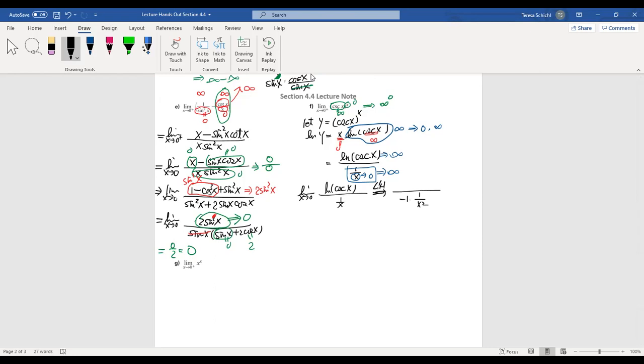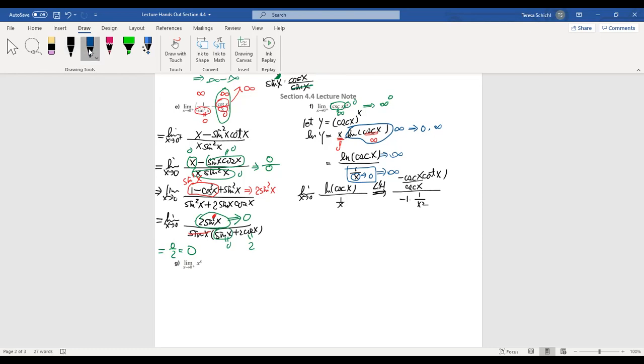And for the natural log of cosecant x, by the chain rule the top will be negative cosecant x cotangent x, right? That's the derivative of the cosecant.